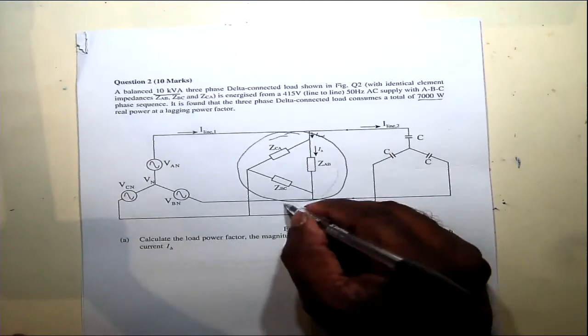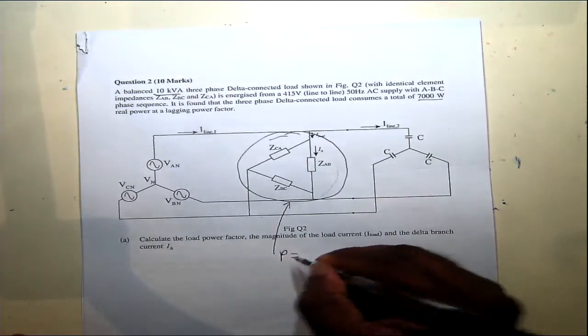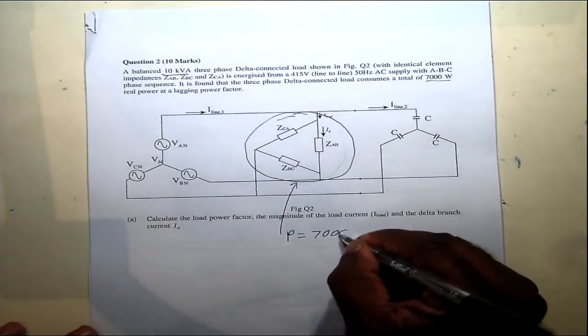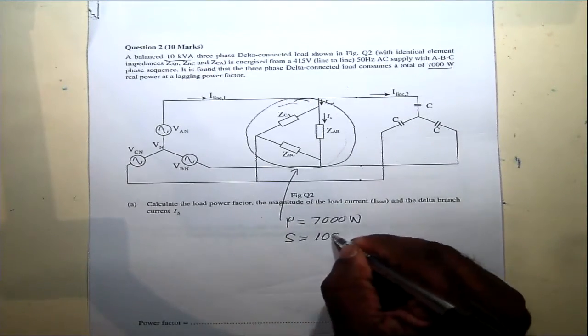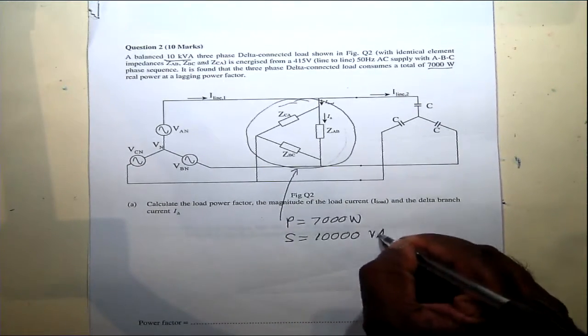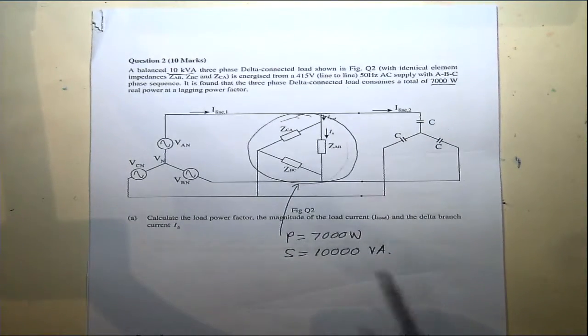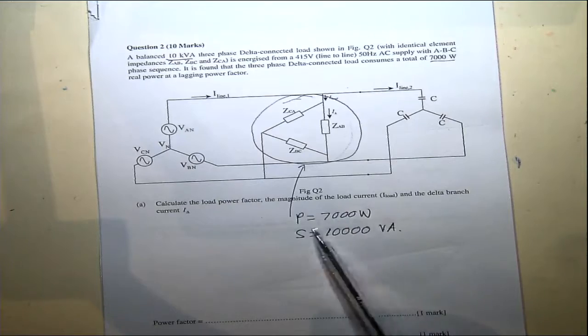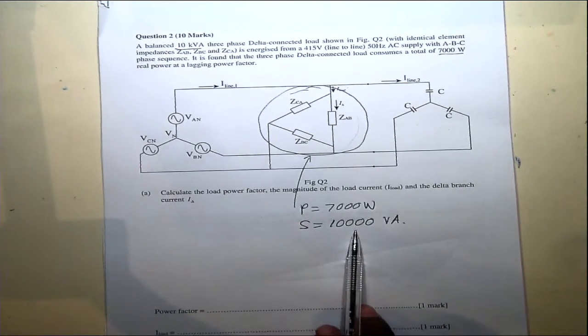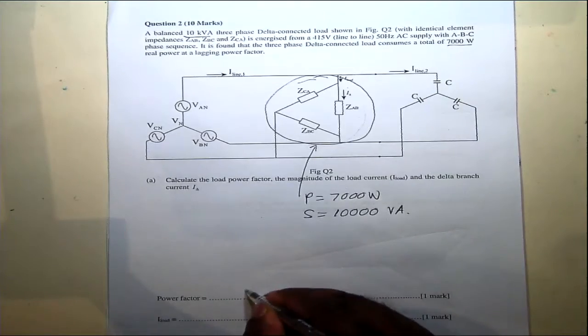This consumes P, you are given 7,000 watts, and the apparent power consumed is 10,000 volt-amperes. That's 10 kVA. So we have to figure out the power factor. That's again real power divided by apparent power, so 7,000 over 10,000 gives you 0.7.